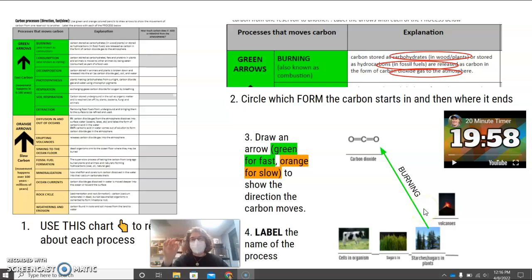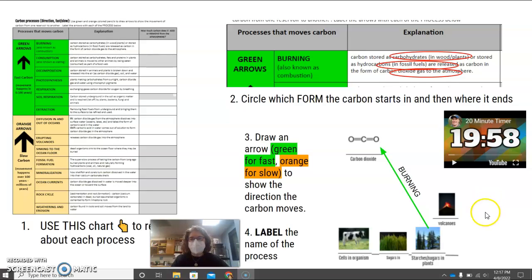I'm going to label right along the stem of my arrow. Now, I haven't shown all of the places on the carbon cycle where burning can take carbon that's in hydrocarbons and emit it as carbon dioxide into the atmosphere, but I would do that in my finished model. So I would have another green arrow pointing from my fossil fuels to the carbon dioxide in the atmosphere, and I would also label that one burning.